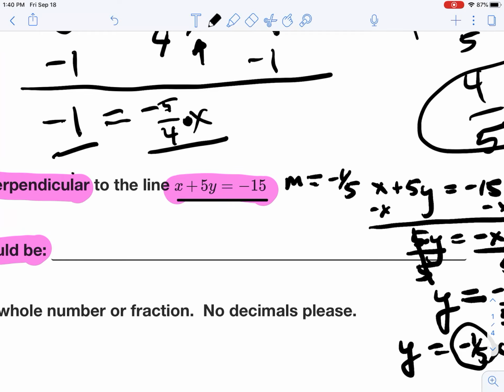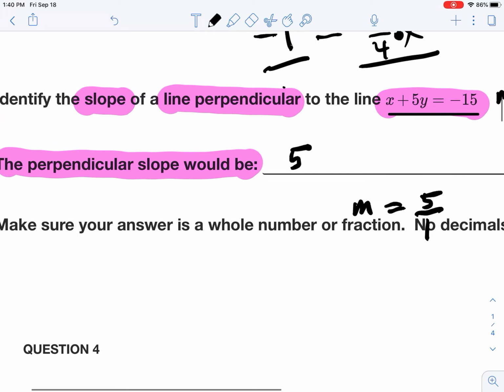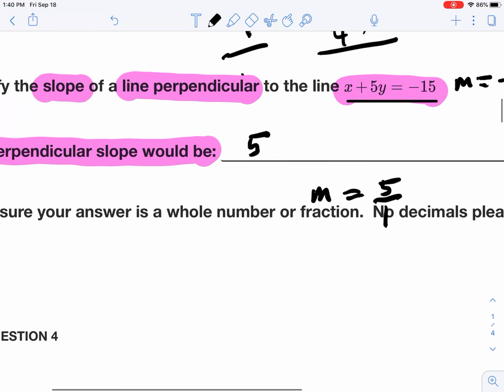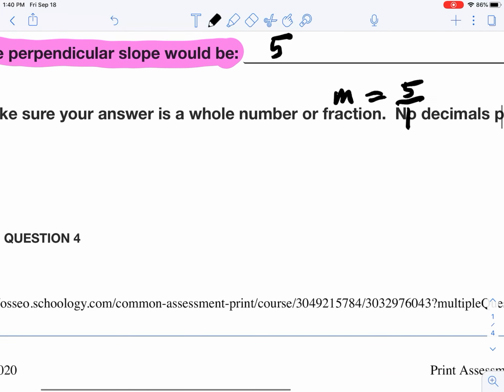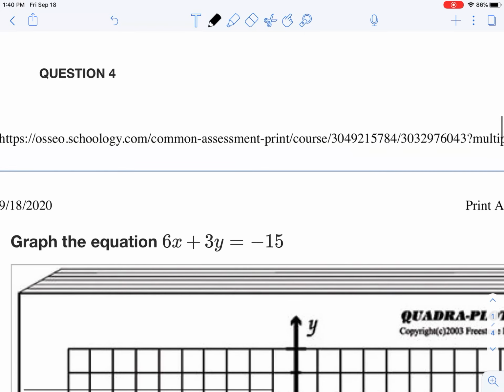So all I want to do is flip this over, 5 over 1, and make it positive. So the slope of the line that is perpendicular to this original equation is 5. That's what I would type in. It says, make sure your answer is a whole number or fraction, no decimals. We did it. Okay.